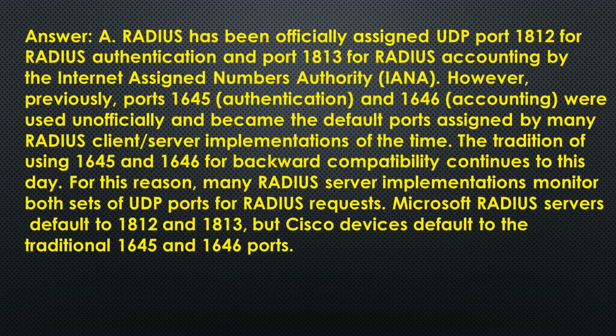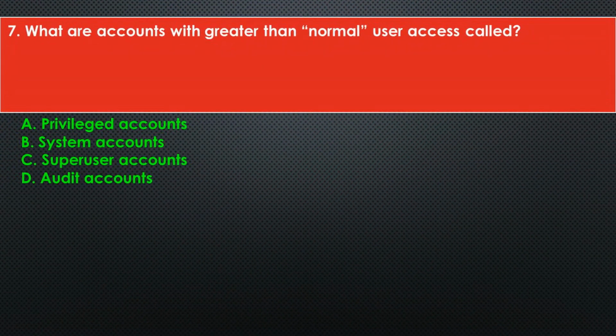For this reason, many Radius server implementations monitor both sets of UDP ports for Radius requests. Microsoft Radius servers default to 1812 and 1813, but Cisco devices default to the traditional 1645 and 1646 ports.